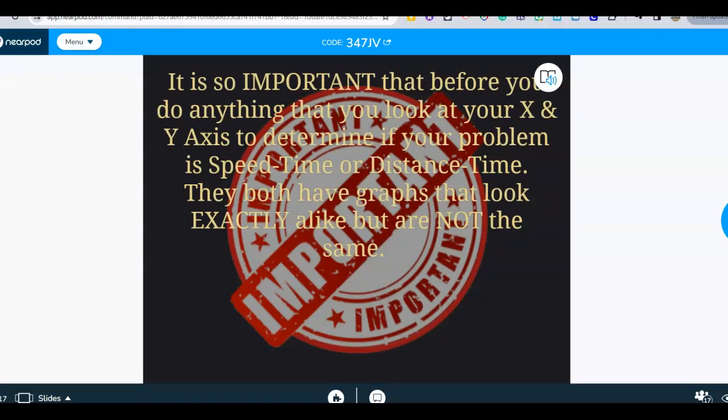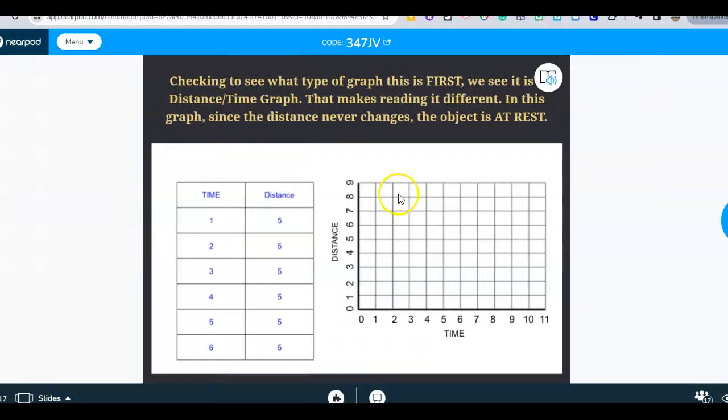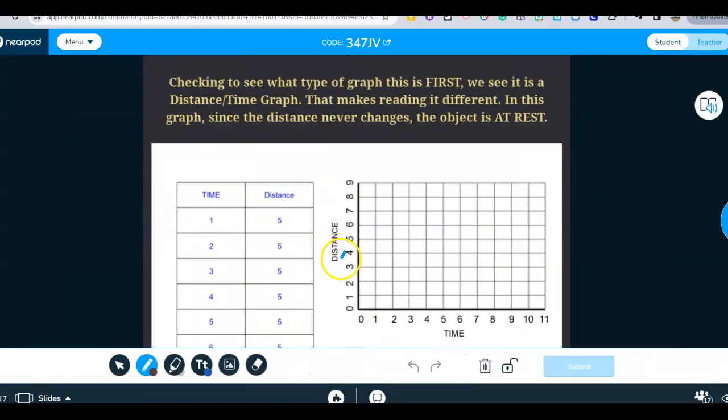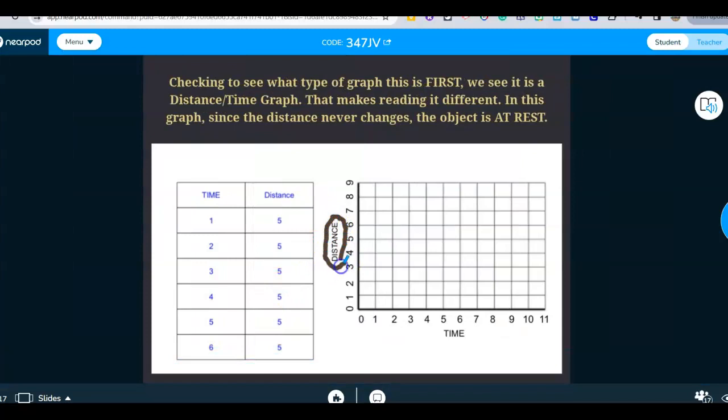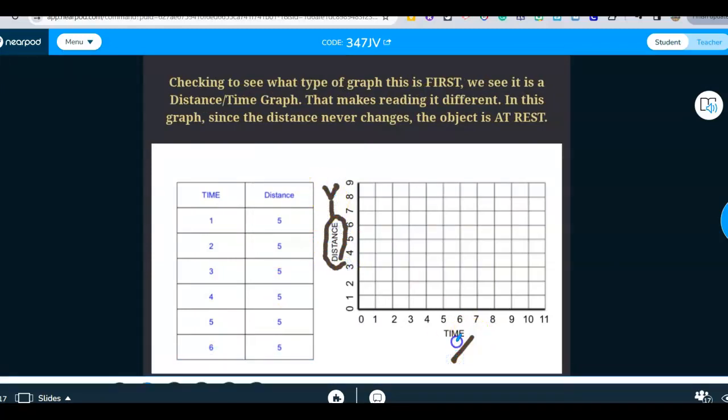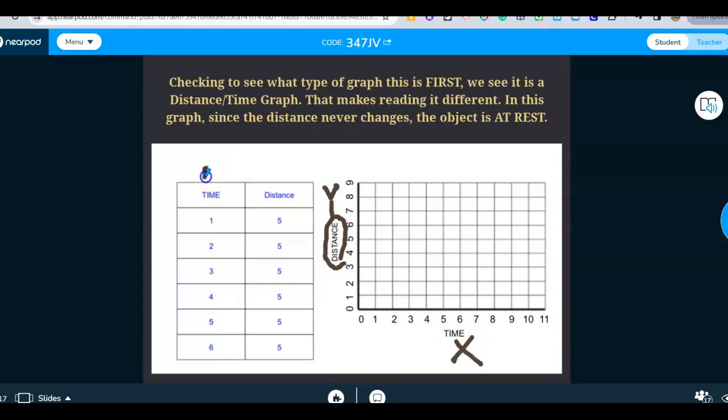Now, again, remember, we have to tell what kind of graph this is, otherwise we're not going to get this correct. We've changed. Now we're looking at a distance time graph. Distance is still on the y-axis, time is on the x. So x-axis here, y-axis here.